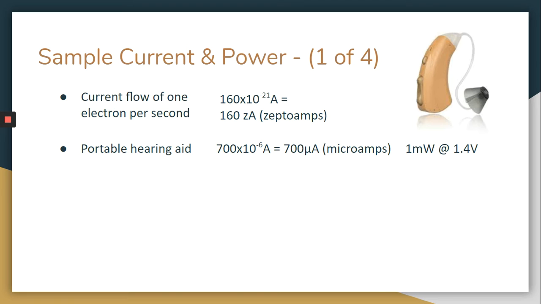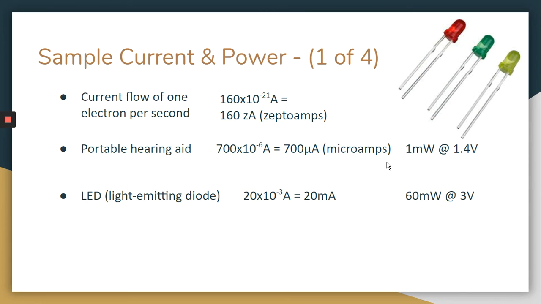And if you're wondering about the power, it's 1 milliwatt. That little m means milli, just like a millimeter or a milligram. So that's 1/1000th of a watt, because the battery is only at 1.4 volts. If you're wondering how we got that number, 1.4 times 700 microamps gives me 1 milliwatt.